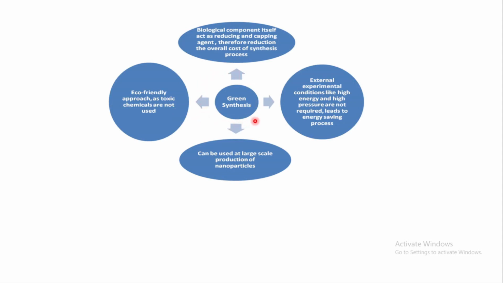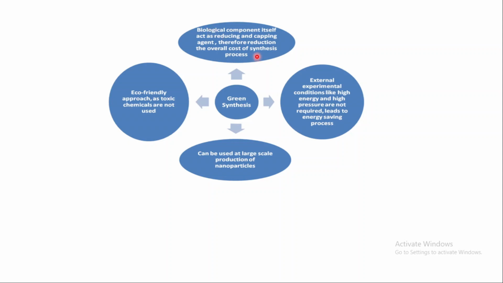And the new terminology which describes the biological method of nanoparticle synthesis is called green synthesis. In green synthesis, the biological component itself acts as reducing and capping agent. So everything is biological, there is nothing that is not natural.